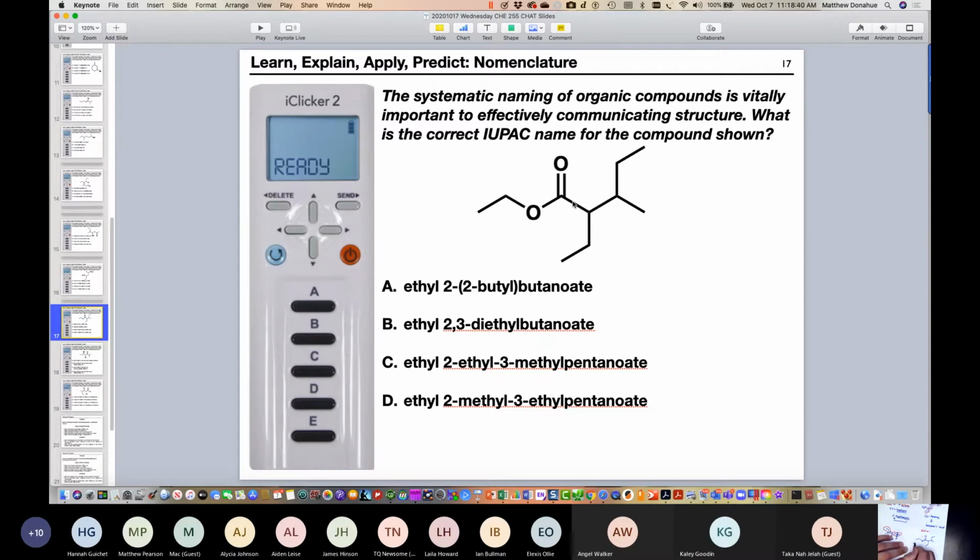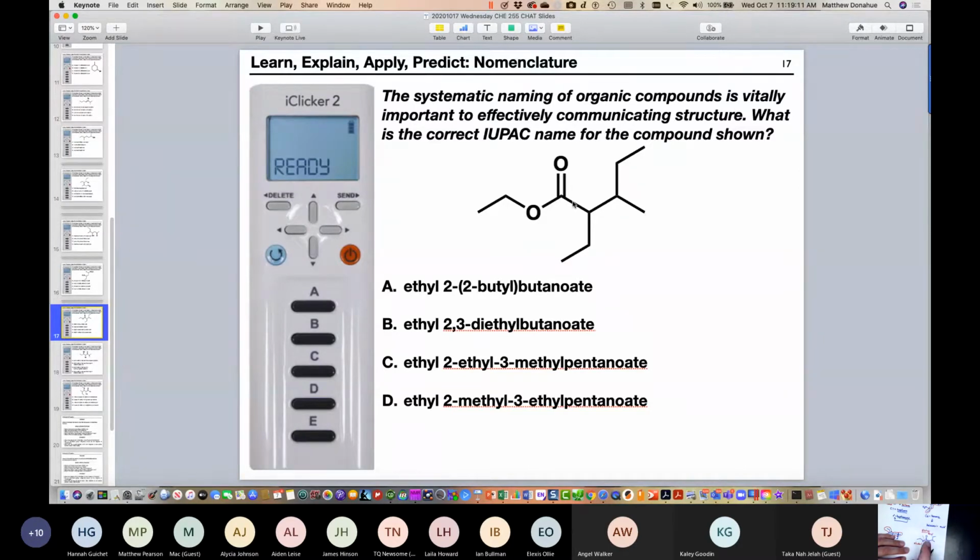And to the left, I want to call that the alcohol component. And then to the right, I'm going to call it the acyl component. That's just based on how these structures are made from their responsible starting materials. So the way you name these, the alcohol portion is named first, and then the acyl portion.